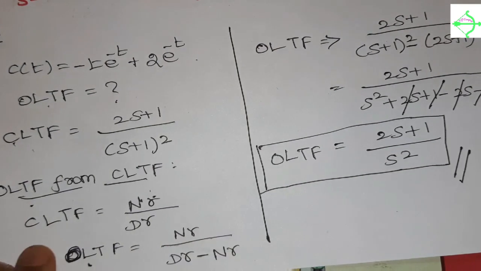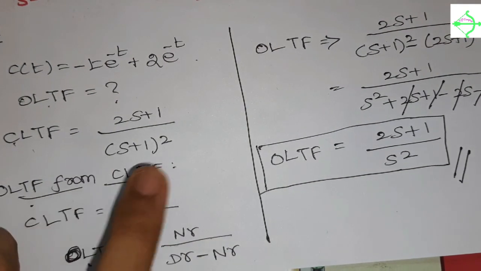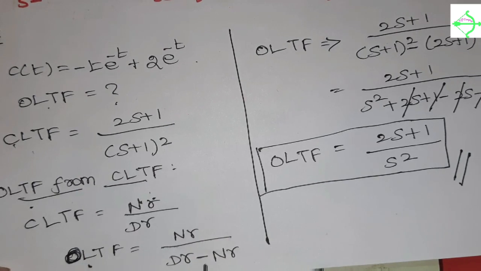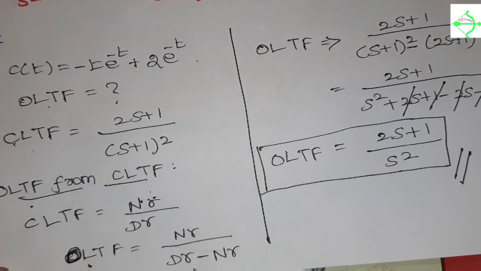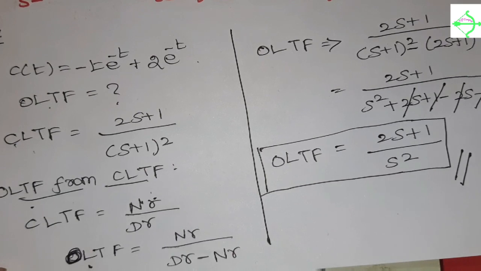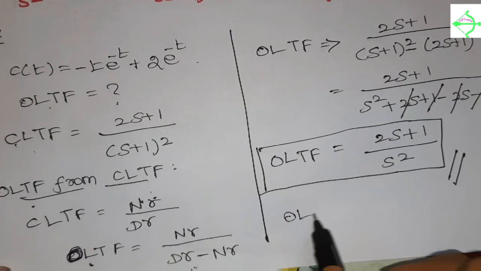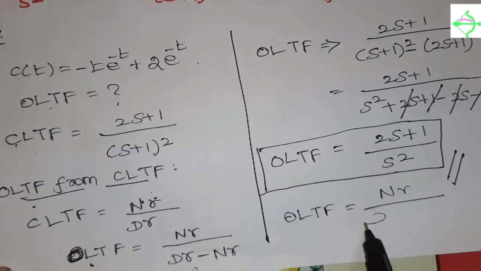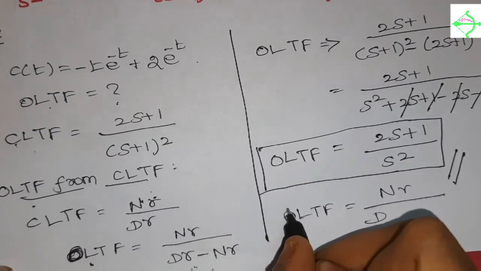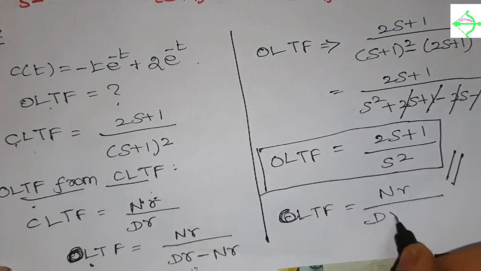The formula for the open loop transfer function from the closed loop transfer function is to just subtract the numerator term from the denominator. Otherwise, to find the closed loop transfer function from the open loop transfer function, just add the numerator term to the denominator term. We will get the closed loop transfer function.